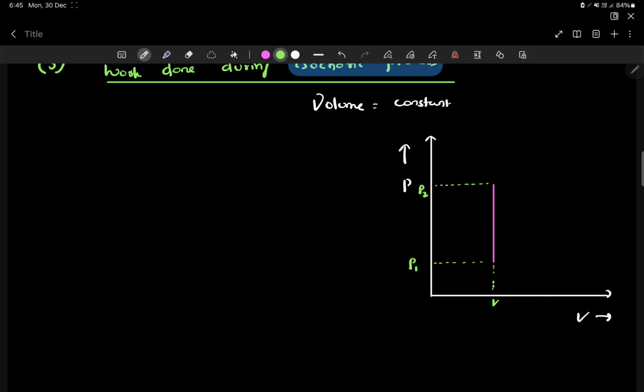That means what we have to write in language: as in an isochoric process, volume remains constant.